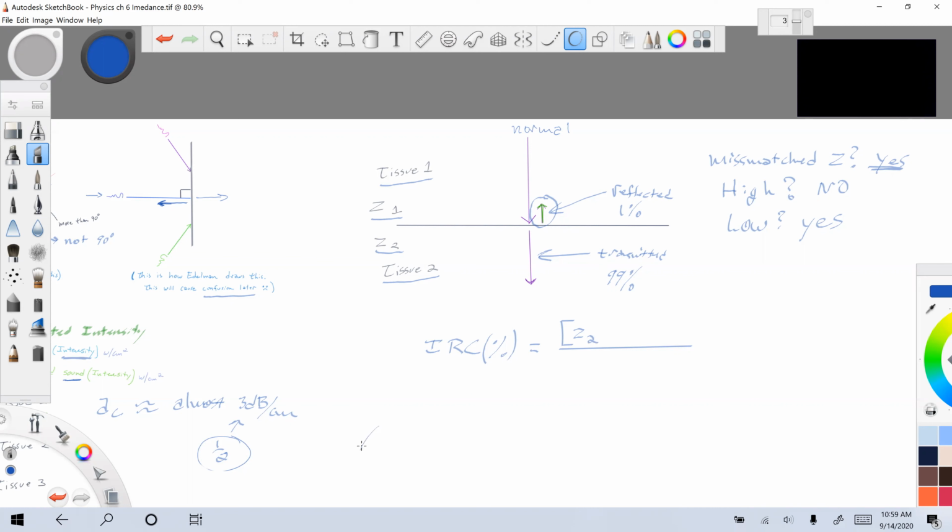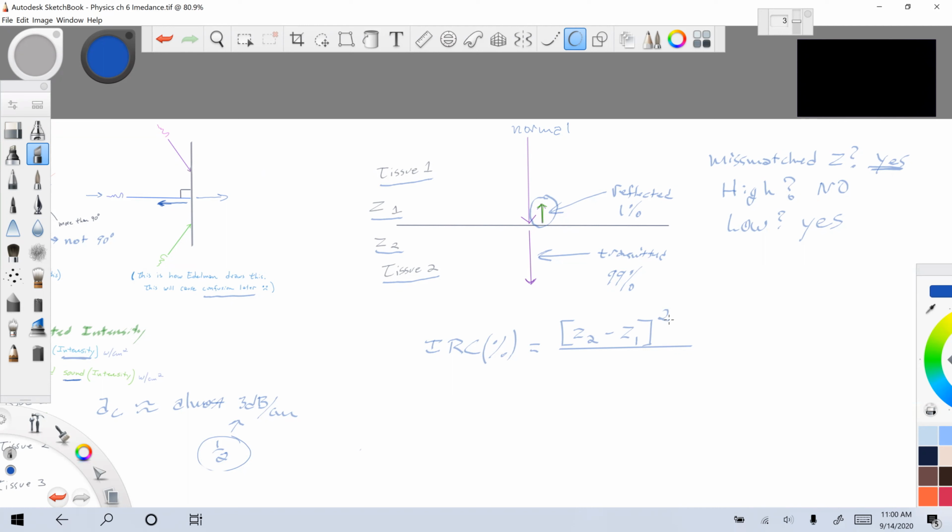Sure, if you know rho and the speed of sound, then you can calculate Z. But I don't think anyone's ever going to ask you to do that. So this is going to be given information. If you are asked to find this, you will be given this information. So, IRC is Z2 minus Z1, squared.